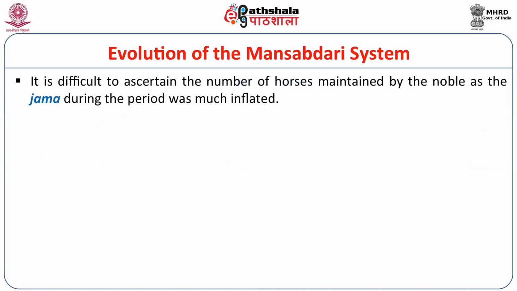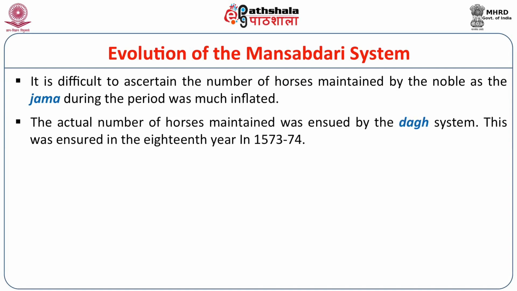Now, it is difficult to ascertain the number of horses maintained by the nobles, as the Jama during the period was much inflated. The actual number of horses maintained was ensured by the Dag system. This was introduced in the 18th year, that is, 1573-74.